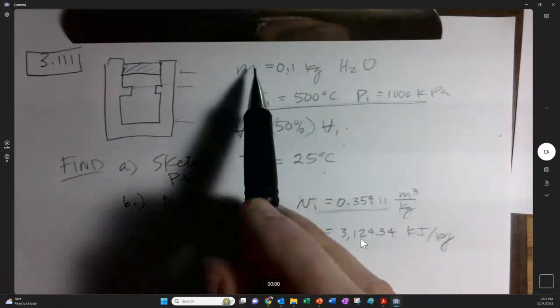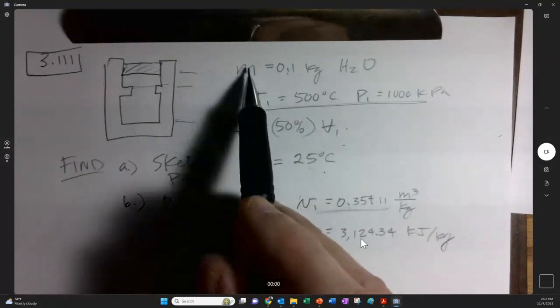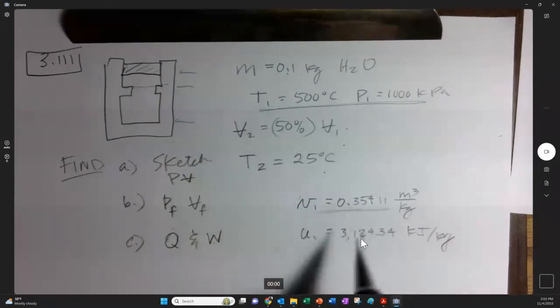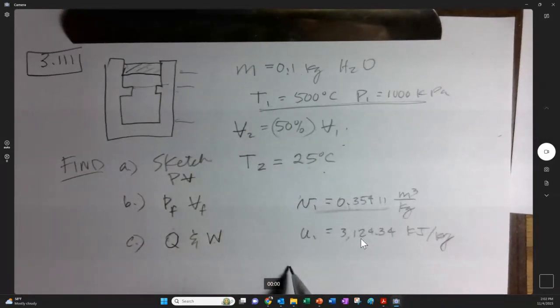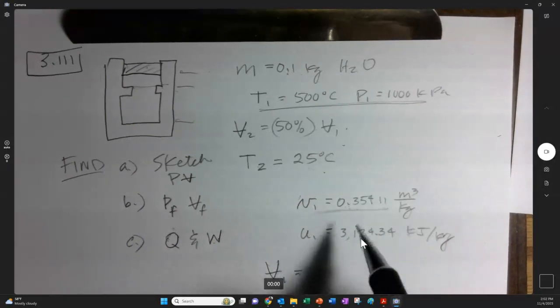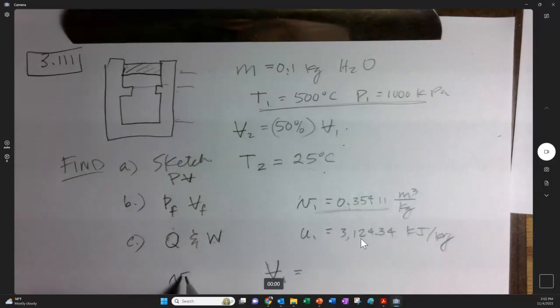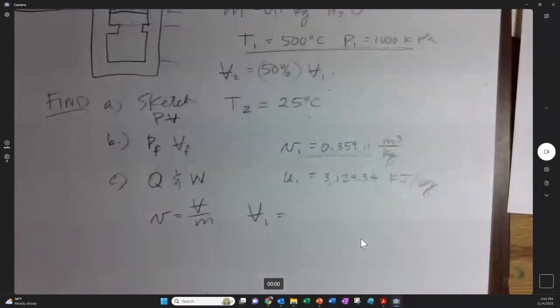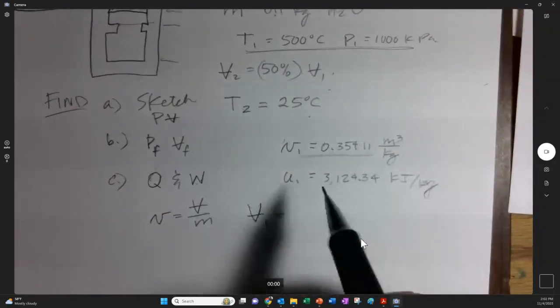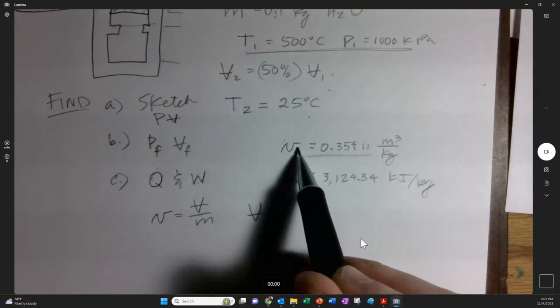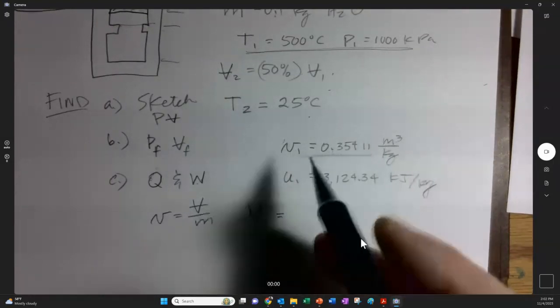And then because of that, we're now going to have lowercase v2, right? So I've got to be careful with these sometimes. I get myself confused. If you wanted to find this, you would take this and divide it by mass, right? So here, if we know what that is, we just multiply it.